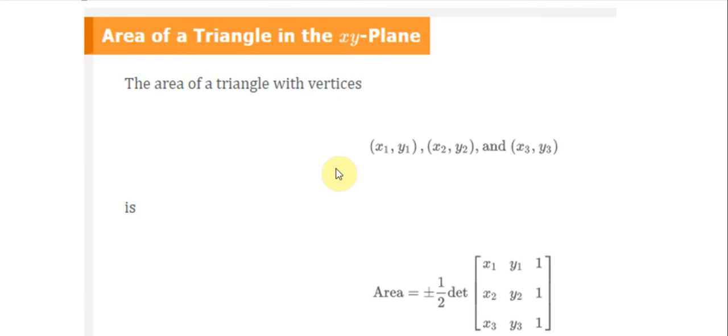It's in the homework. It may be on the quiz, but I highly doubt it. But nevertheless, this information for the area of a triangle and also for the volume, we will not be tested on this. So this is just information that I think is good for you to know.